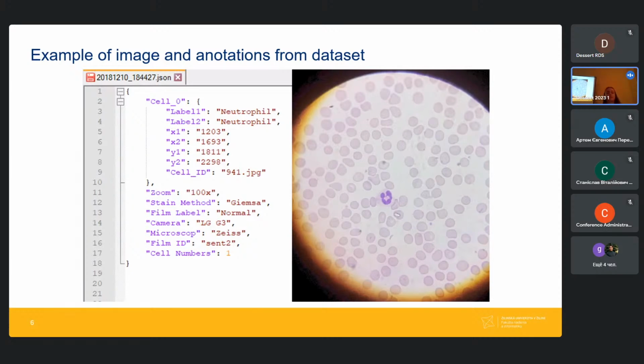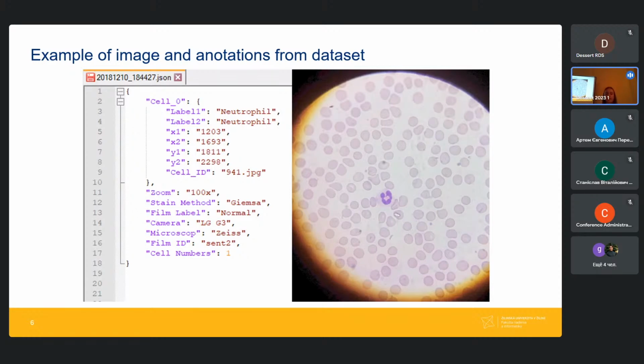On this image, we can see on the right side a sample of an image from the dataset. The dark violet cells that we see there are the leukocytes. The other ones are the erythrocytes or red blood cells. And on the left side, we can see the annotation.